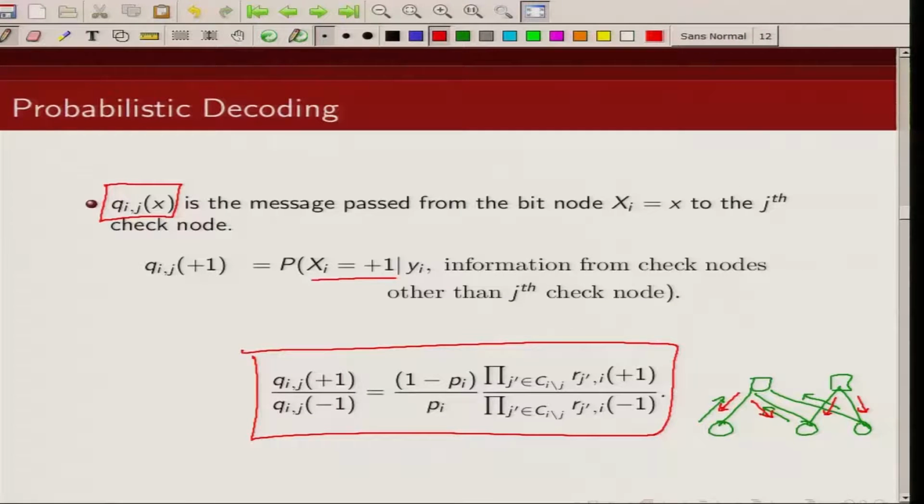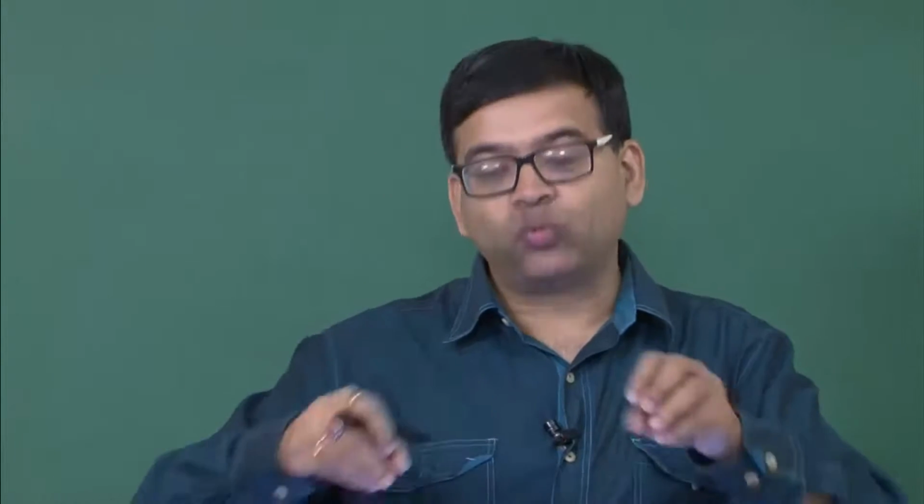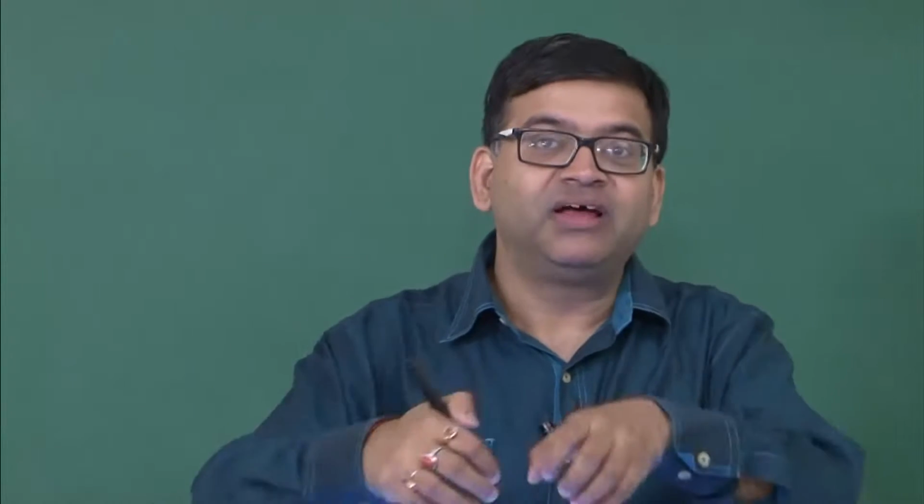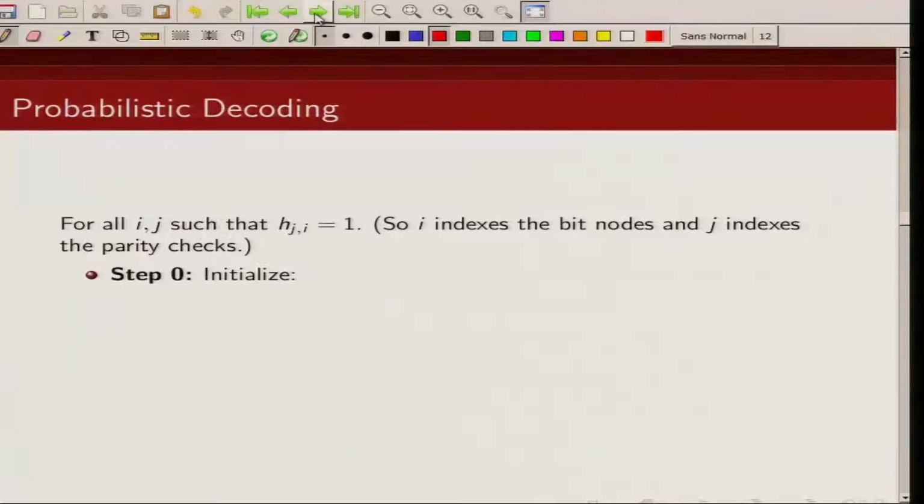So there are two types of messages, again I repeat, which are being propagated in this graph. One is a message from the message nodes to the check nodes, and then the check nodes are sending information saying whether these parity check constraints are satisfied or not, given the input bit is 1 or 0. So these messages Qij are passed from message nodes to the check nodes, and these messages Rji are passed from check nodes to the message nodes.